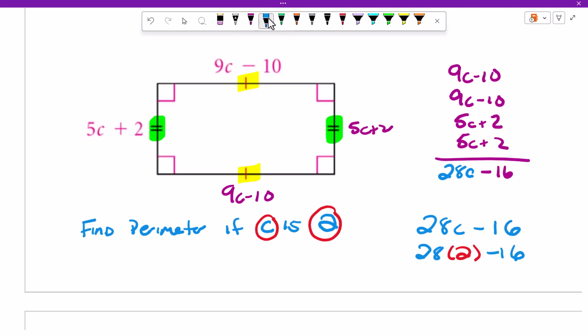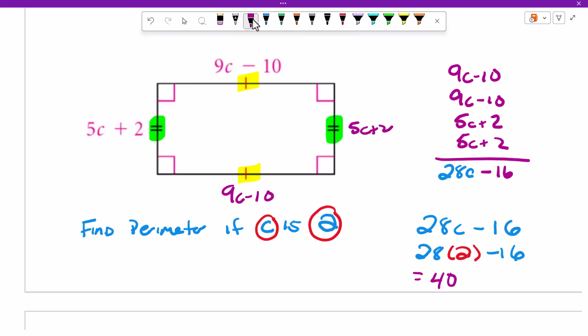So that's 56, right? 56 minus 16 equals 40, right? So we're not going to do too many of those, but that's where you're heading, right? You can do a lot more of that next year: perimeters and areas involving x's and stuff like that. So this year we're just getting used to not having numbers, having expressions on the side.